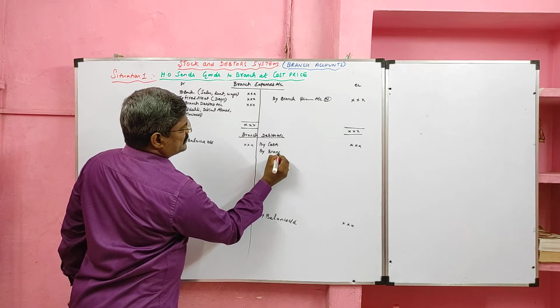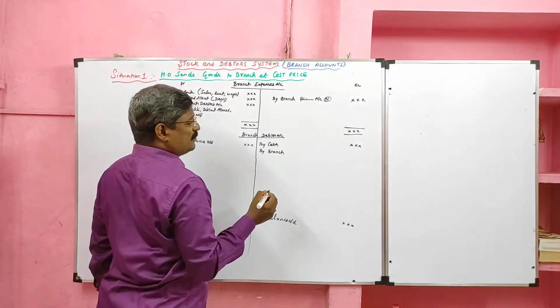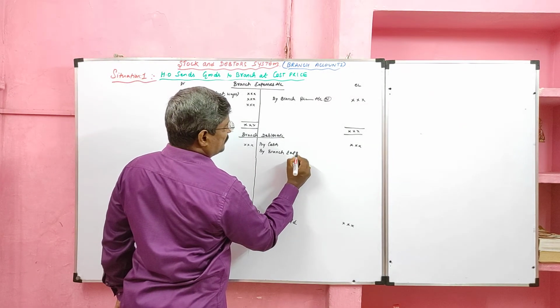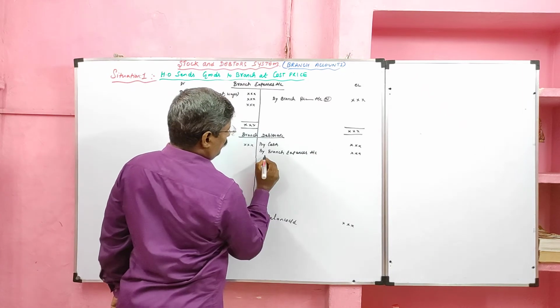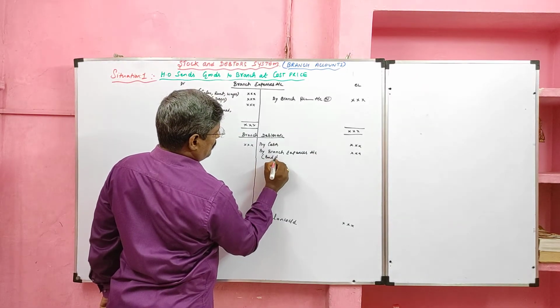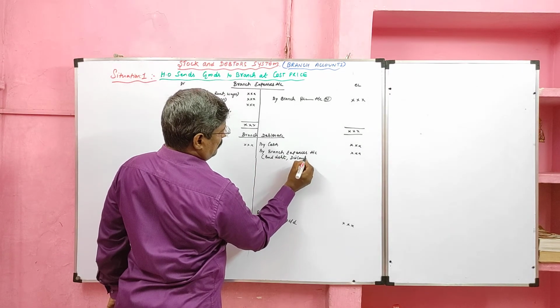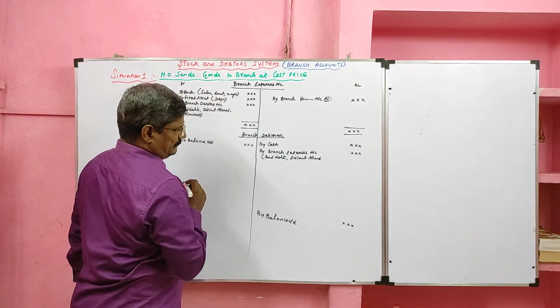Then if it is non-cash expenses such as bad debts, discount allowed or allowance to debtor, credit given to the branch expenses account, for bad debts, discount allowed, etc.